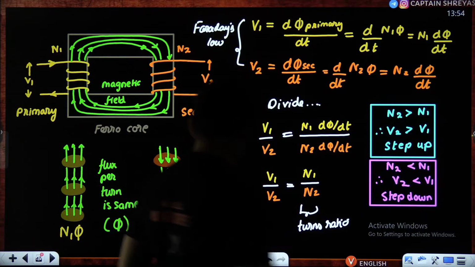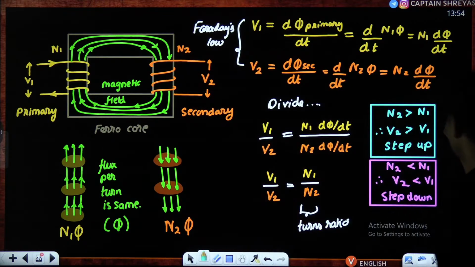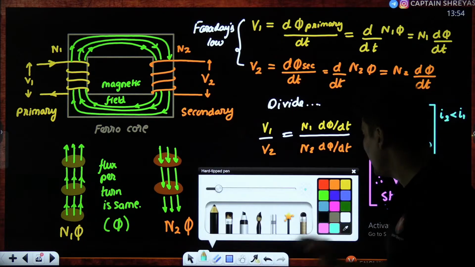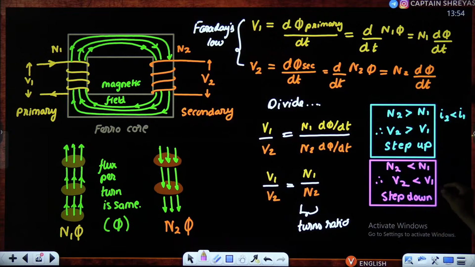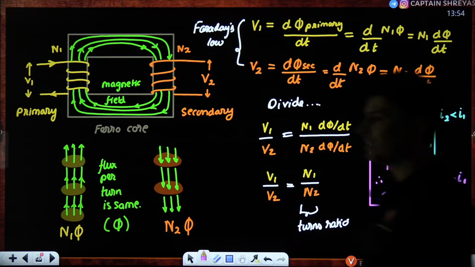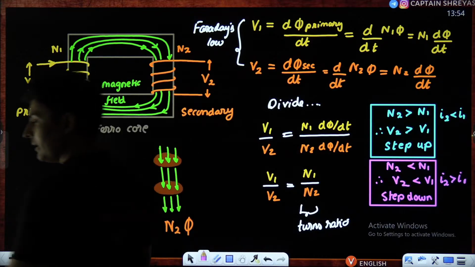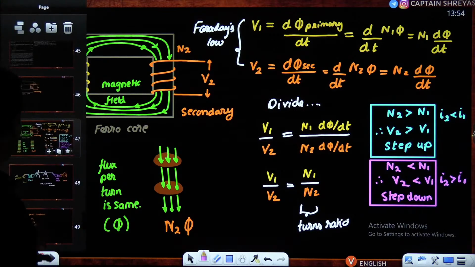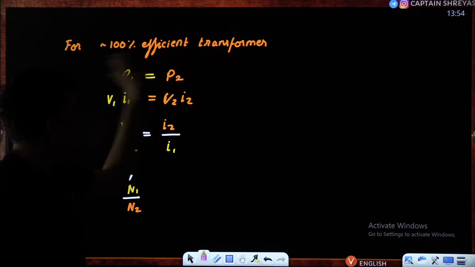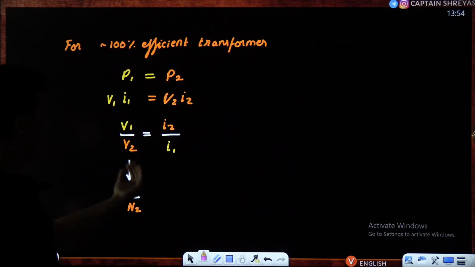So in a step-up transformer, the current on the secondary side will be less than the current on the primary side. And in the step-down transformer, because the voltage reduces, the current will increase. So I2 will be more than I1. So it is exactly inversely related to each other. Very, very important for a 100% efficient transformer.